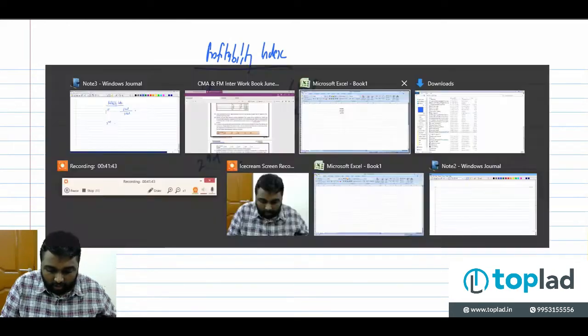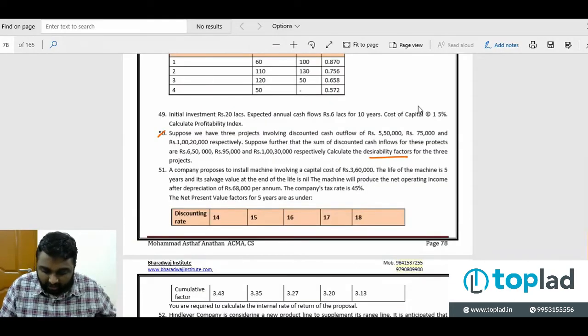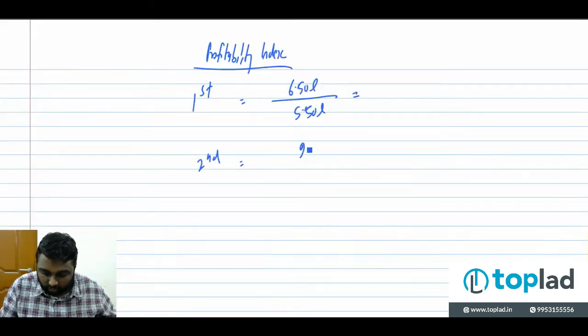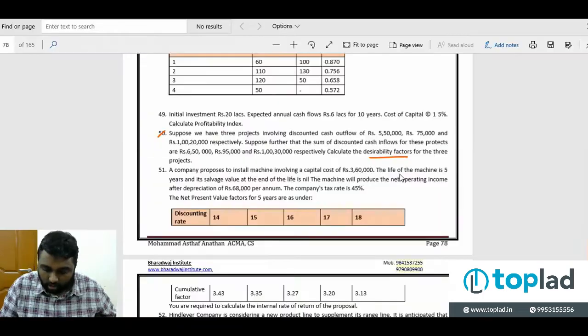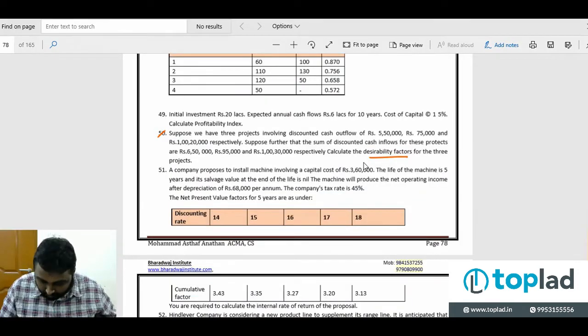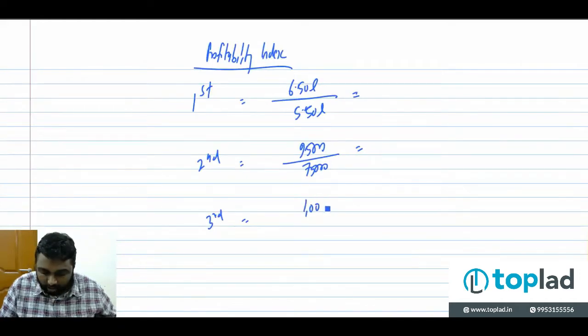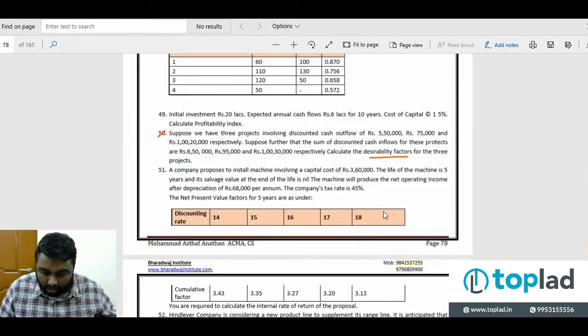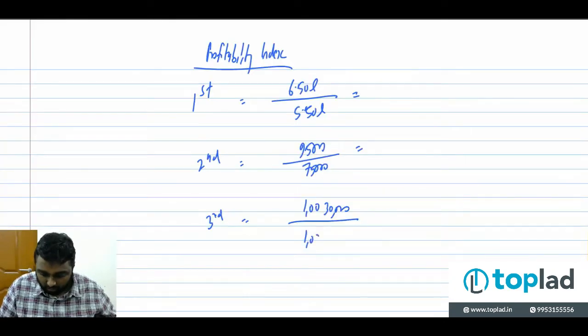Second one, 95,000 divided by 75,000. Third, 1 lakh 30,000 divided by 1 lakh 20,000.